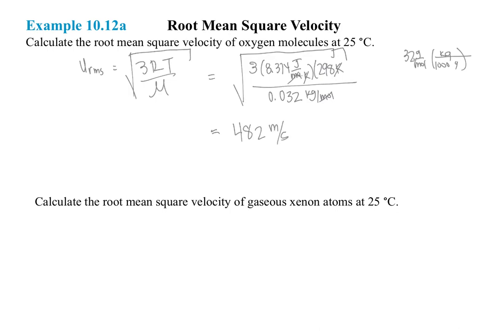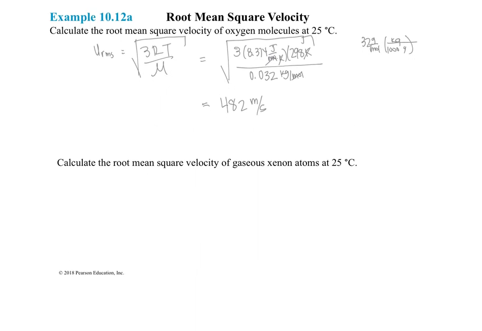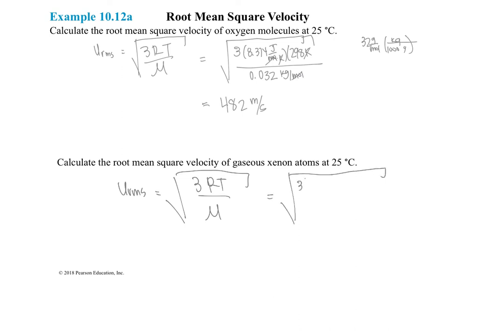meters per second. Now let's do the root mean squared velocity of xenon at 25 Celsius. Whoops, so we'll have the same equation, 3RT over M, molar mass. So we'll have the same temperature, so 3 times 8.314 times 298 Kelvin divided by the molar mass.